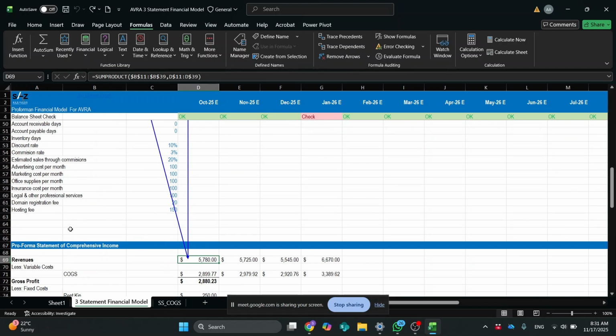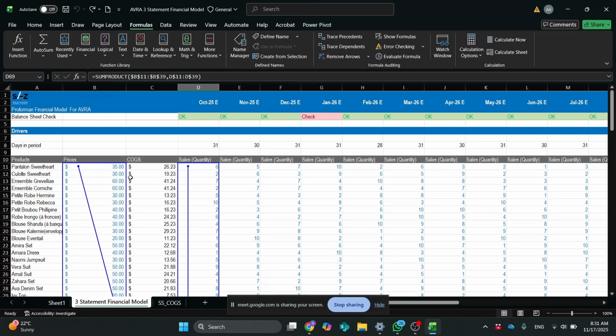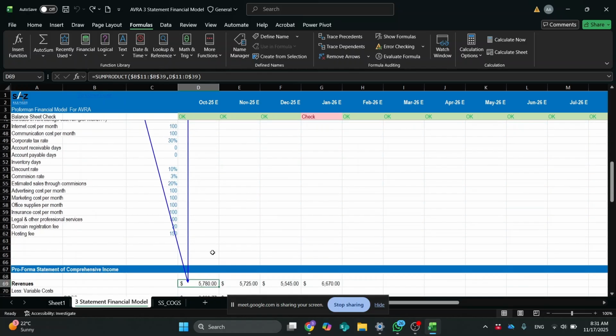So the only revenue I'm currently working with is just from this table, your selling price times the quantity you're estimating you'll sell, and that is what is giving me this figure.